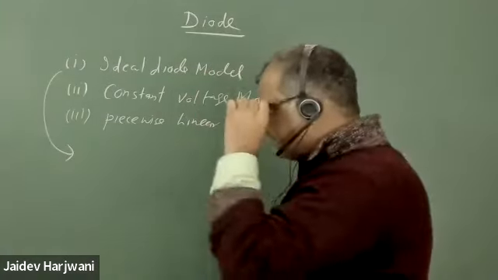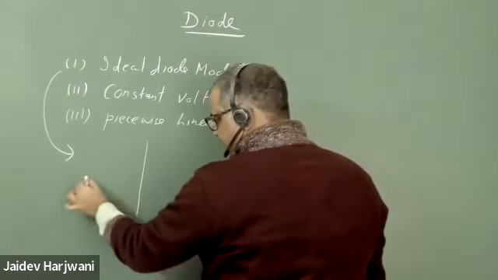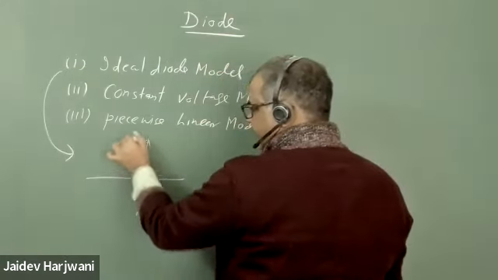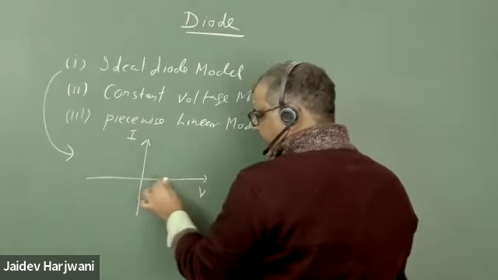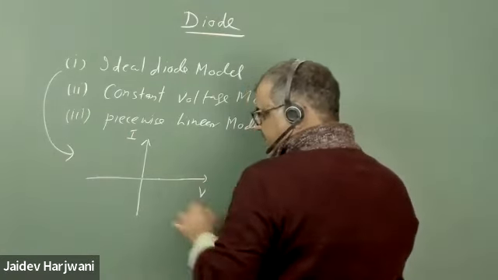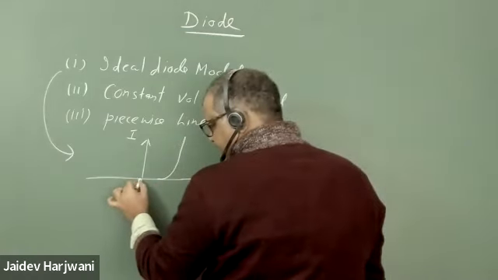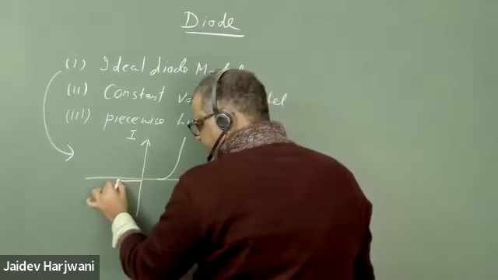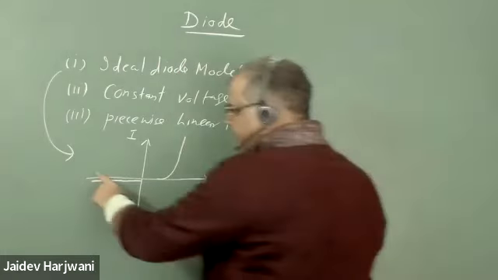So we know the IV characteristics of a PN junction diode. We already discussed that if I plot the I versus V plot for a diode, the diode current in forward bias increases exponentially. And in reverse bias, a very low saturation current flows until the breakdown happens.